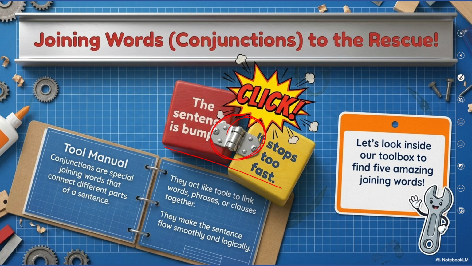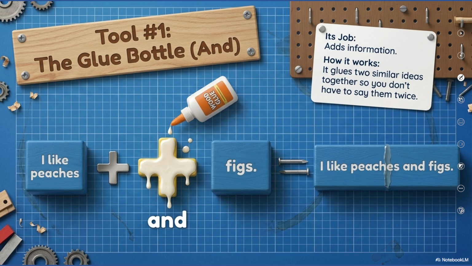So, conjunctions are special joining words that connect different parts of a sentence. They act like a tool to link words, phrases, clauses together to make the sentence flow smoothly and logically. This is the function of the joining words, which are conjunctions.